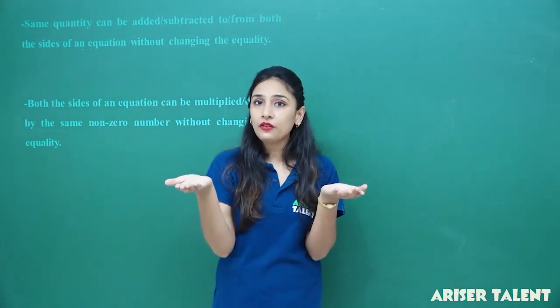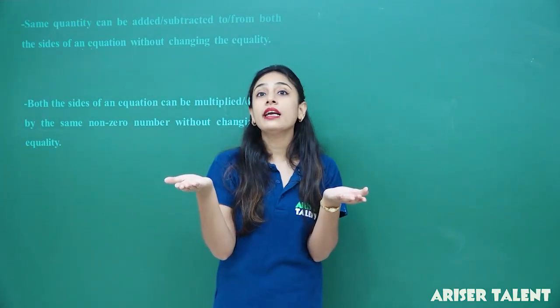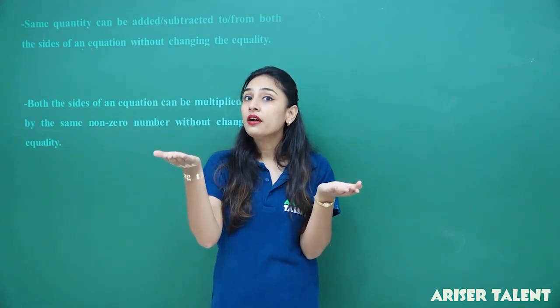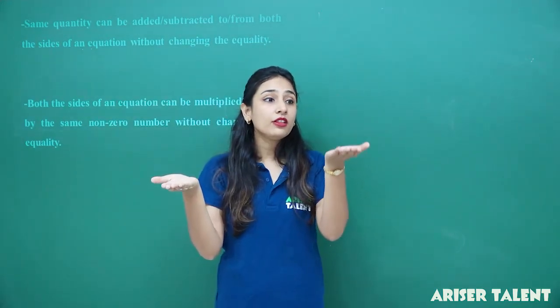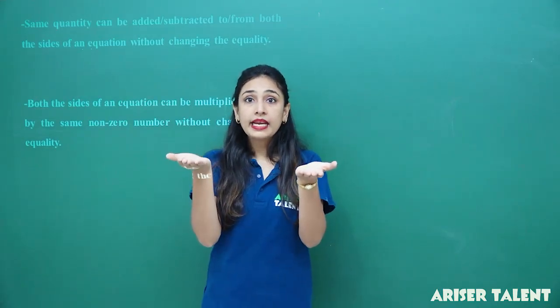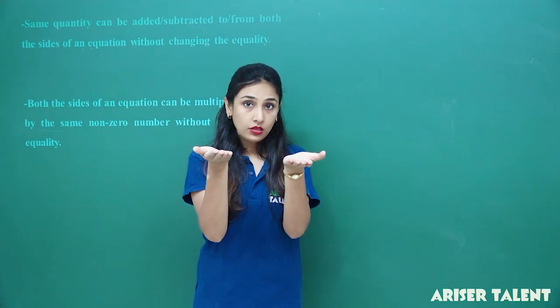Here you have purchased 3 kg rice, so this side will have 3 kg rice and this side will have 3 kg weight. Now both sides will be equal.